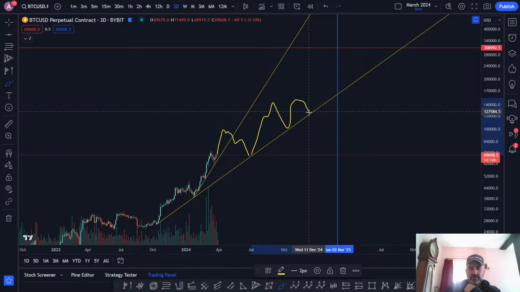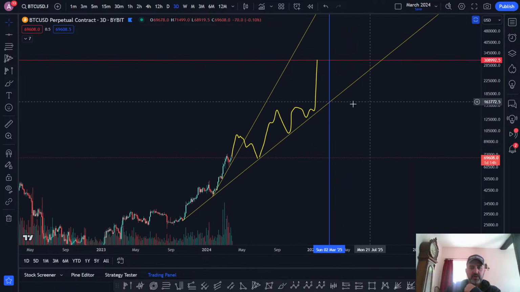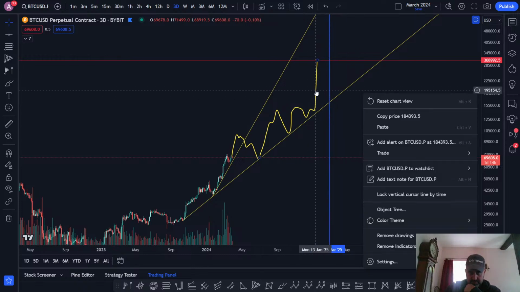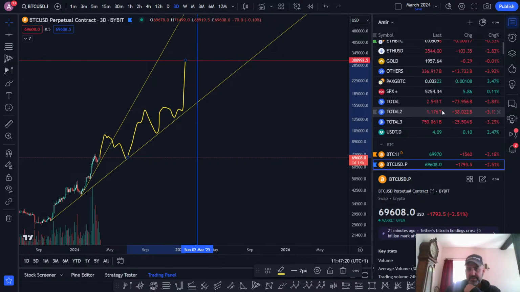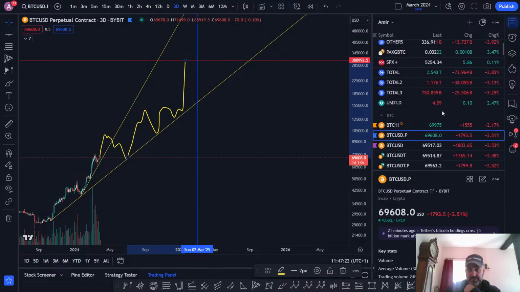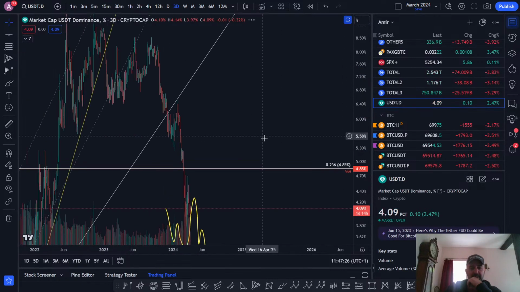And then you have a bump. So you're ending up with exactly what I was talking about on USDT dominance, USDTD, which is like a bump and run. That's what I'm imagining, a bump and run forming on Bitcoin.